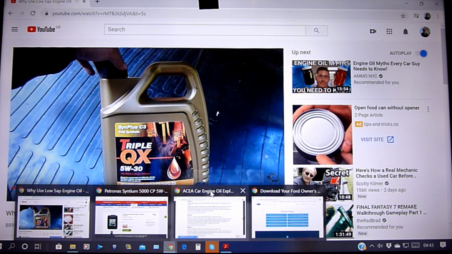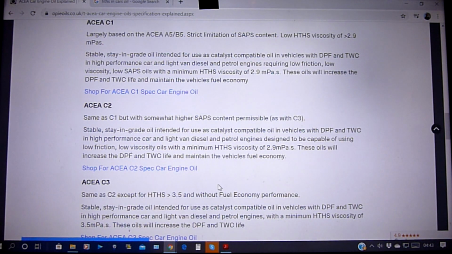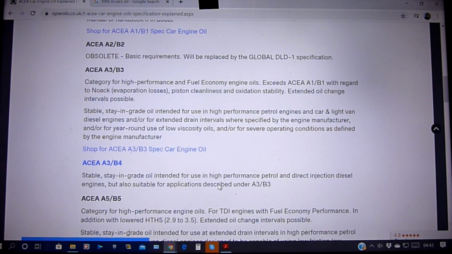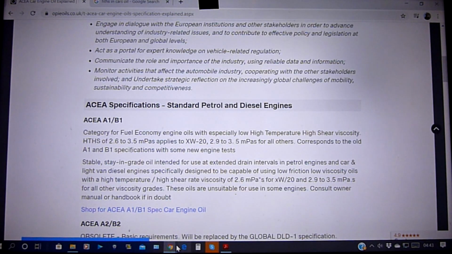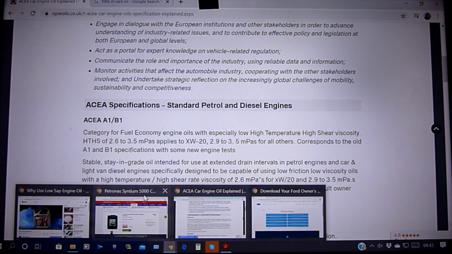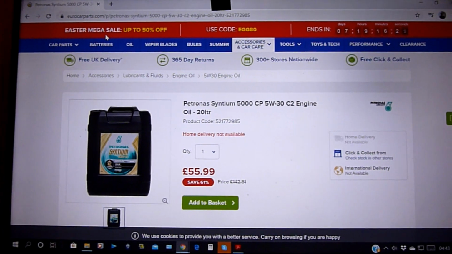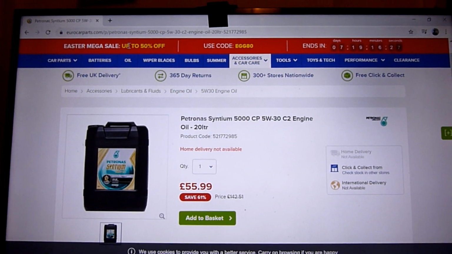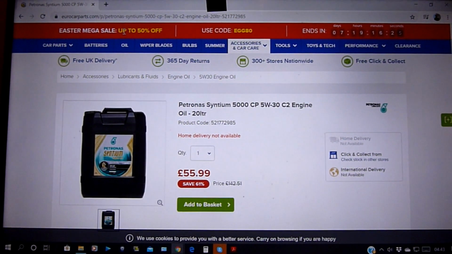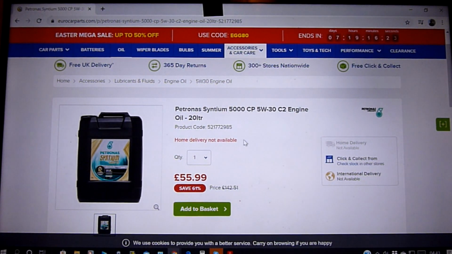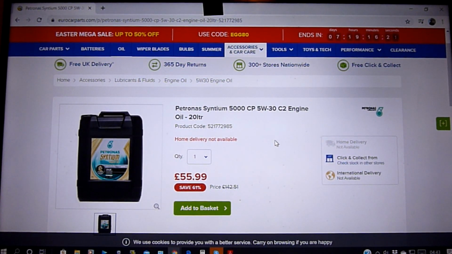Right, okay. So now we've got the explanation of what all these mean. So let's go and pick and choose, and this is what this video is all about, of course. Pick and choose the cheapest. Now, on this website in the UK, EurocarParts, quite often it has a lot of oils you can choose from.